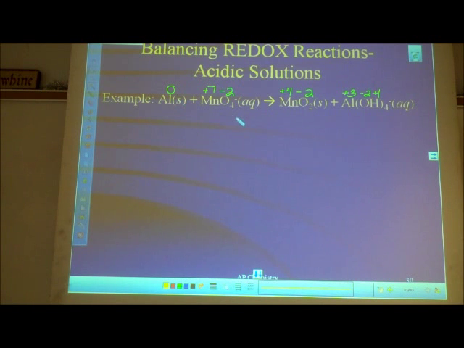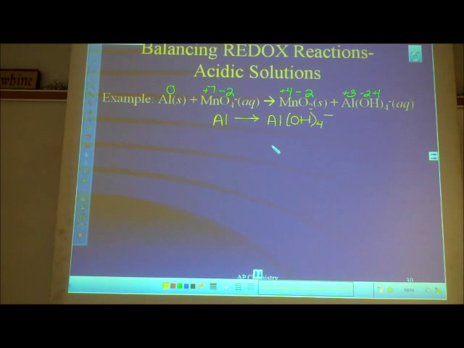I'm going to write aluminum exactly as it appears on the left and exactly as it appears on the right. If it's within a compound, write the whole compound. And there is a little -1 charge up there. I know it's hard to see because it's small. That's my first half reaction.